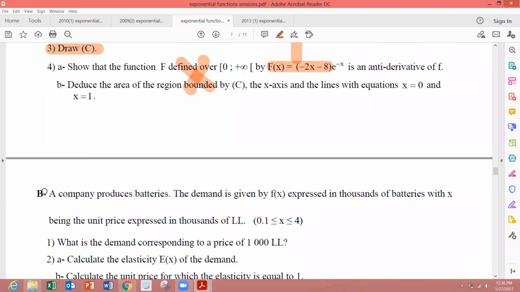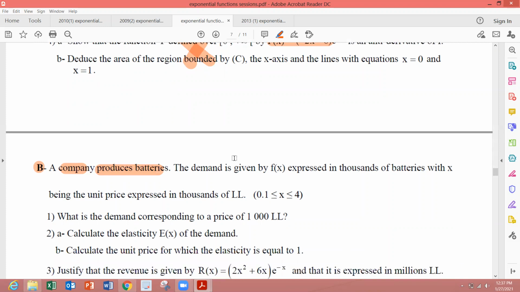Now part B, the economic part. A company produces batteries. The demand is given by Fx. So Fx is the demand here, expressed in thousands of batteries. In the text, it is better to put a line under the unit to remember the unit.